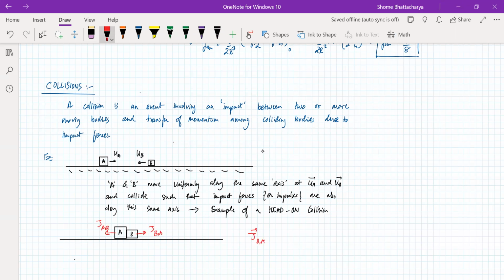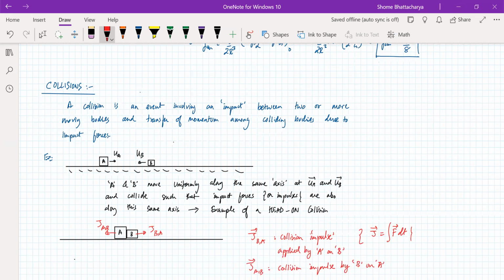So this is the collision impulse. Remember, impulse is equal to force integrated over time. So this is the collision impulse applied by the body A on B. And similarly, this is the collision impulse by B on A.